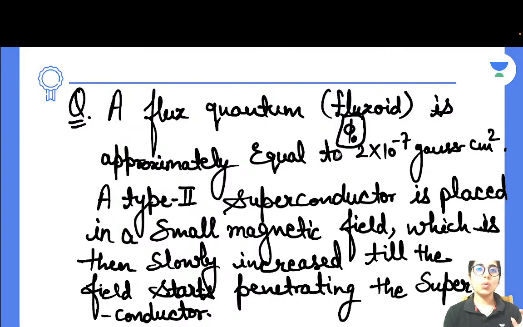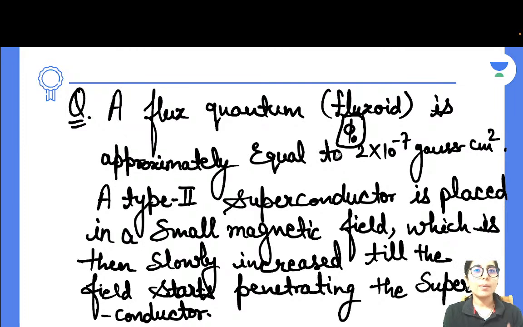It doesn't lose its superconductivity instantly when the field starts penetrating. How it works, like type 1, it is just gonna become a normal conductor from a superconductor at the same time as the field starts penetrating. Means it's not gonna take much time to convert, right?